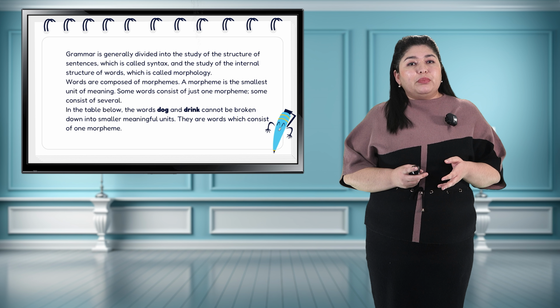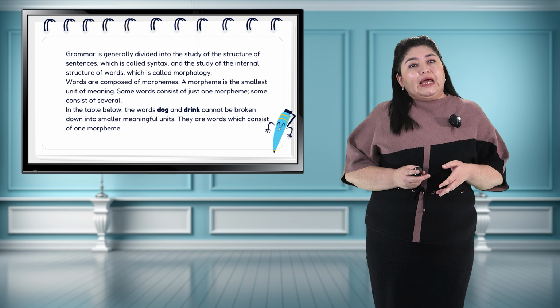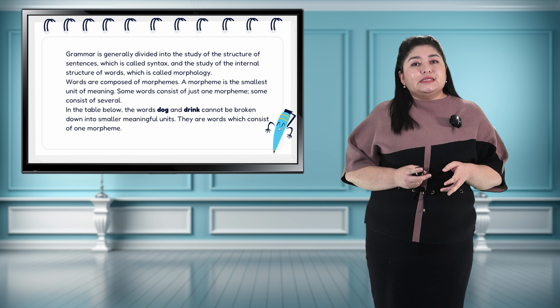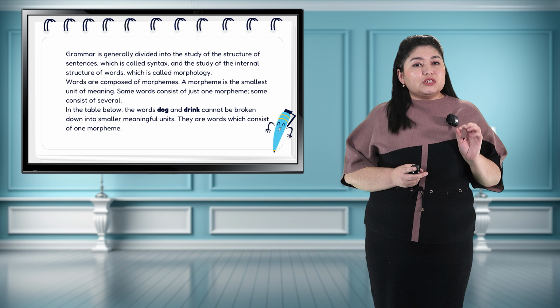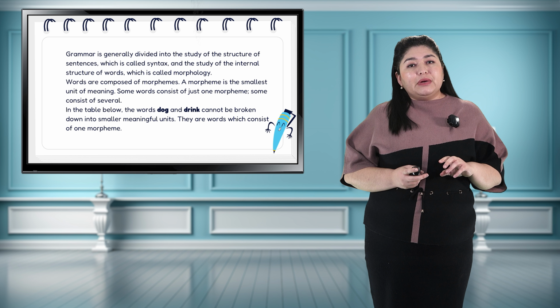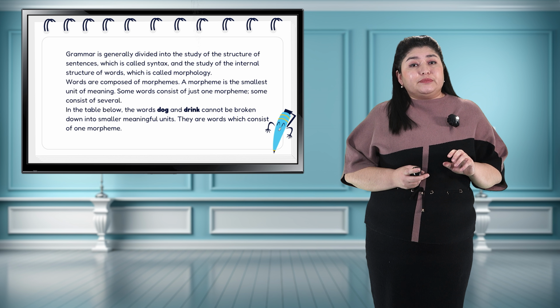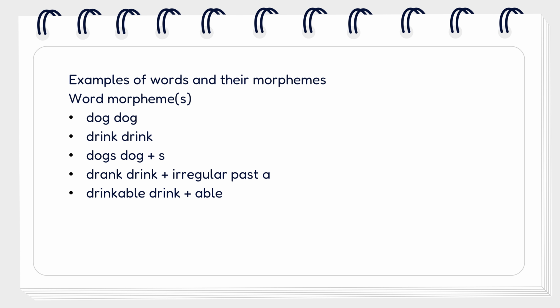Words are composed of morphemes. A morpheme is the smallest unit of meaning. Some words consist of just one morpheme. Some words consist of several. Now I will give some words which have only one morpheme.